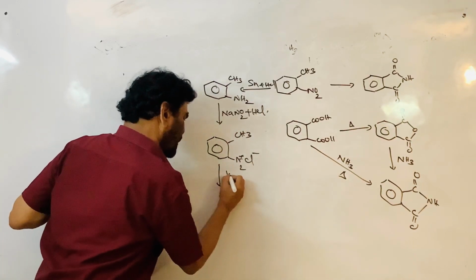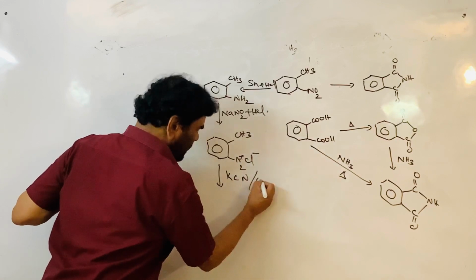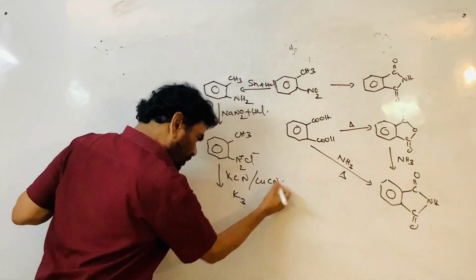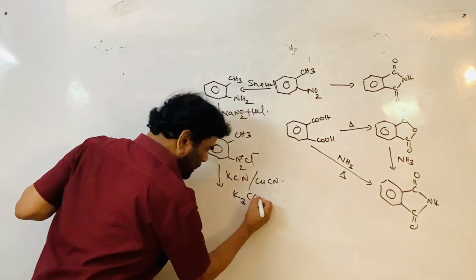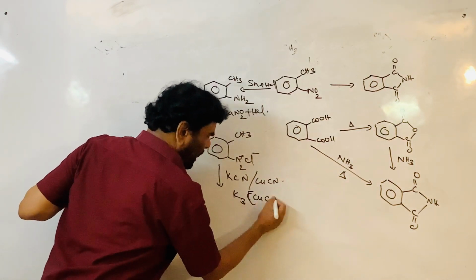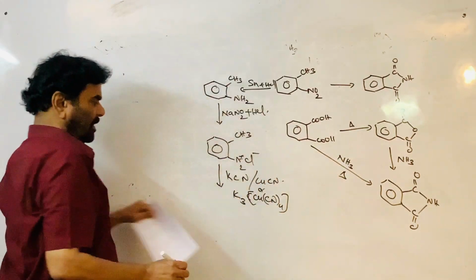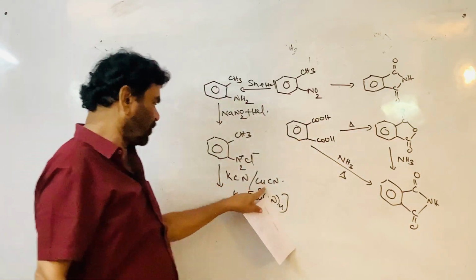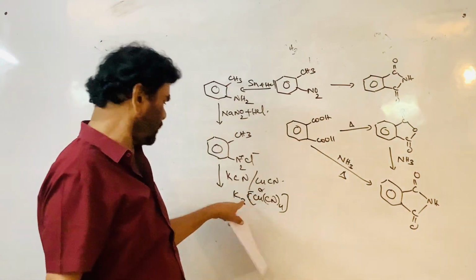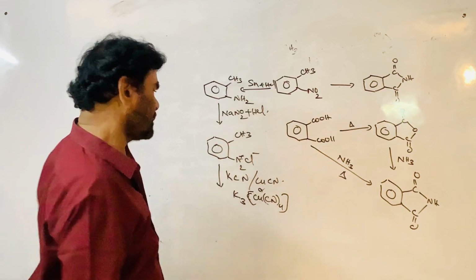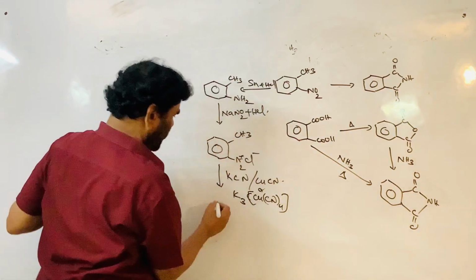This is treated with KCN in the presence of cuprous cyanide, or you can write K3[Cu(CN)4] in place of cuprous cyanide, because cuprous cyanide with KCN gives potassium tetracyanocuprate(I).